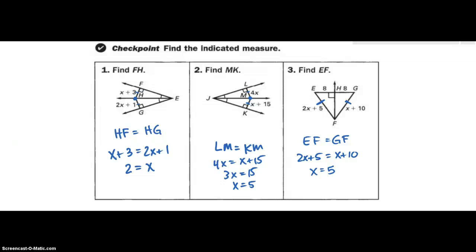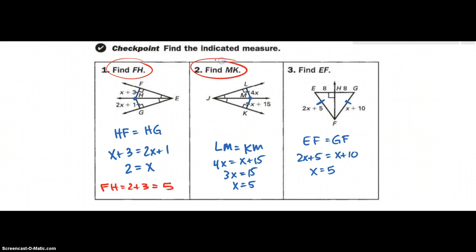So you don't plug the 2 back in like you did the problem before? I've only found x, but now we do have to look here and it says find FH. So if I plug back into FH, that would be 2 plus 3. So FH is actually 5. So GH would actually be 5 as well because they're equal.